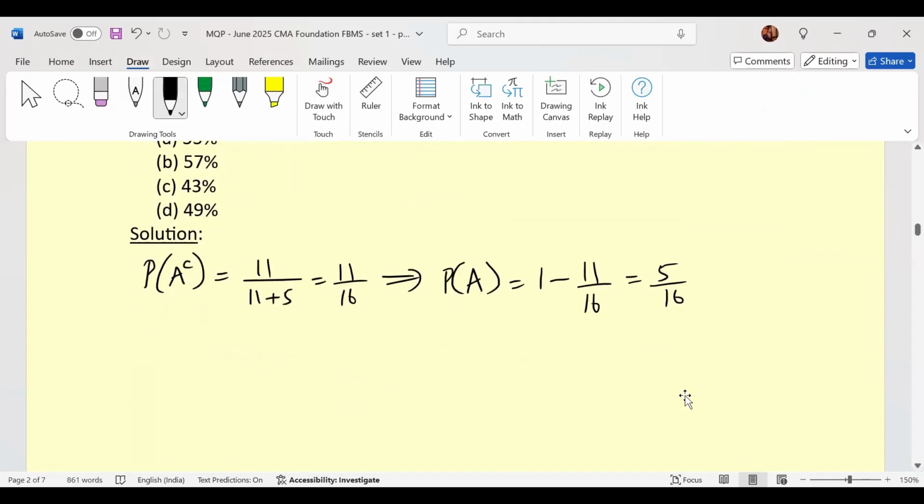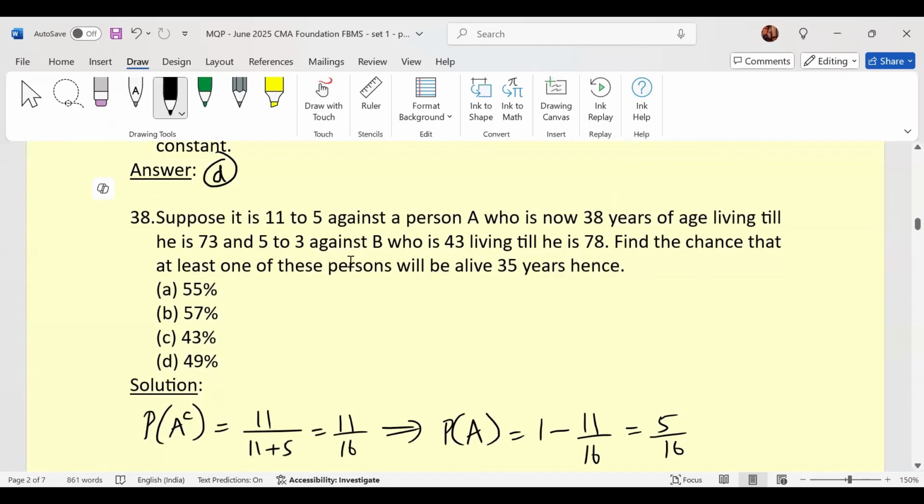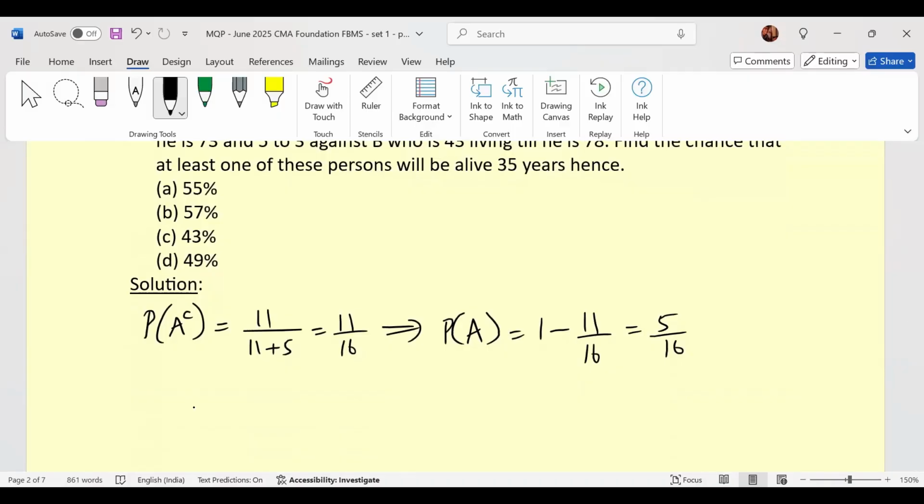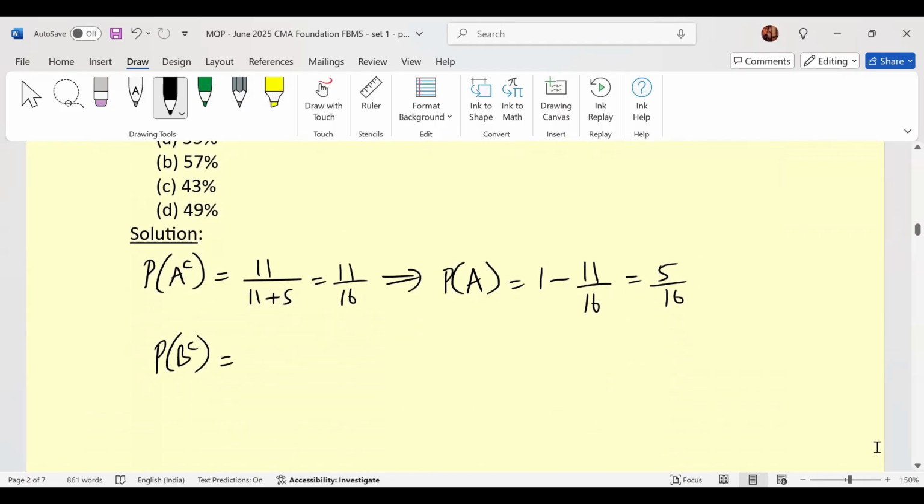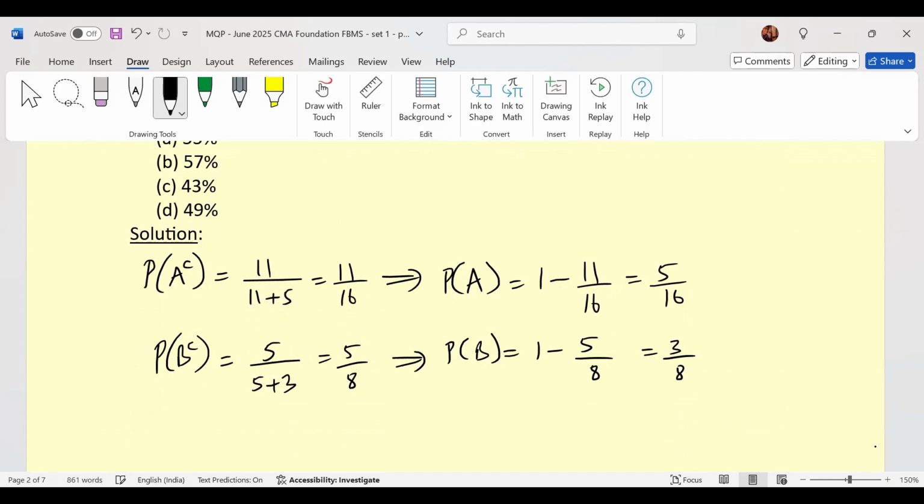Okay. Next, person B also they gave against B. So probability of B complement is given as 5 to 3, means first number is 5, that will come in the numerator. Denominator will be sum of the numbers, so that is giving you 5 by 8, which means probability of B will be 1 minus probability of B complement, that will give you 3 by 8.